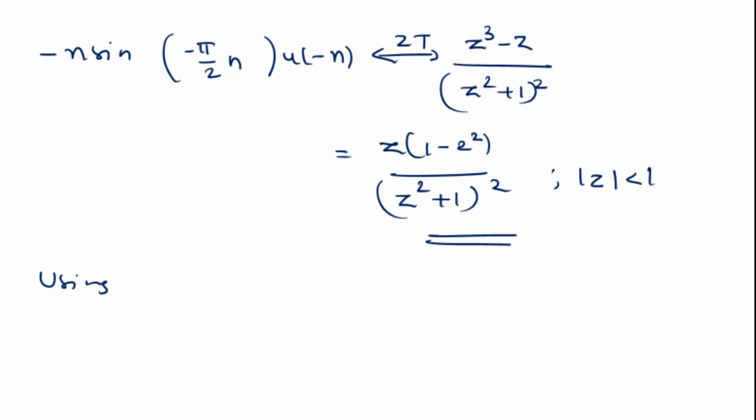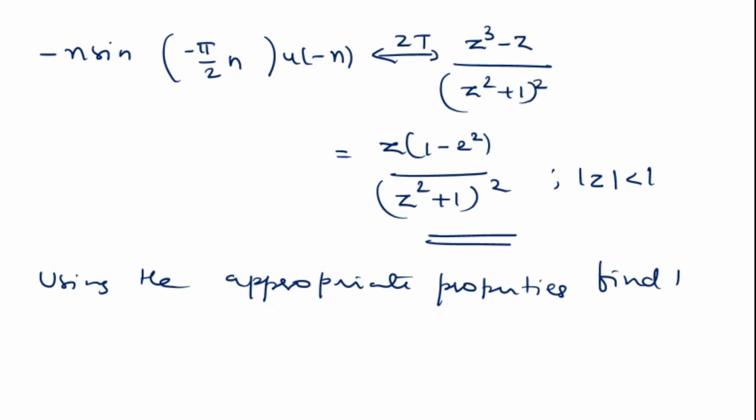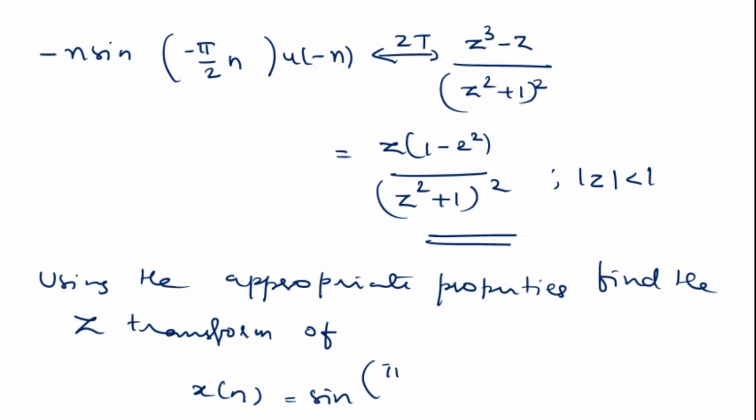Using the appropriate properties, find the z transform of x of n is equal to sine pi by 8n minus pi by 4 into u of n minus 2.